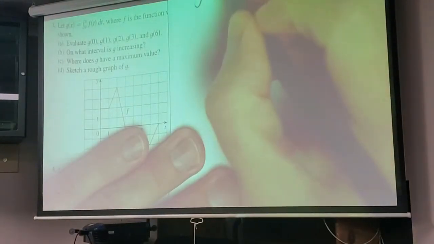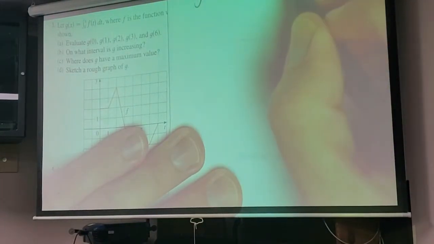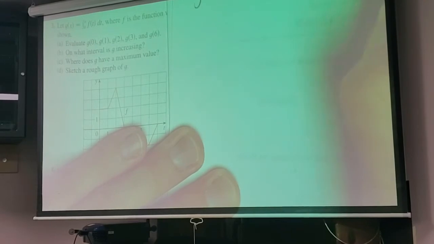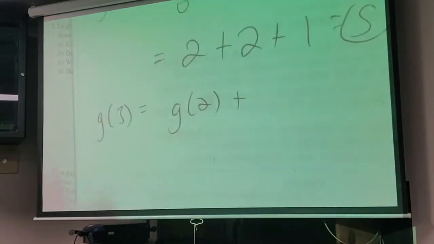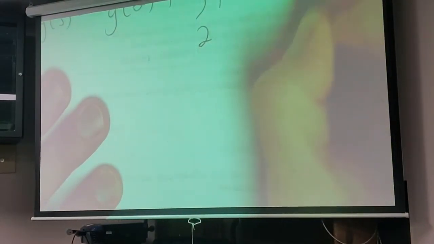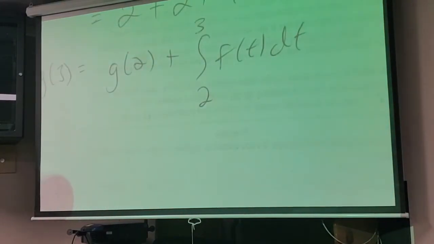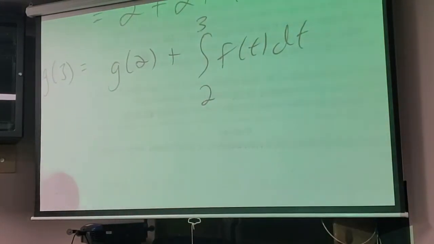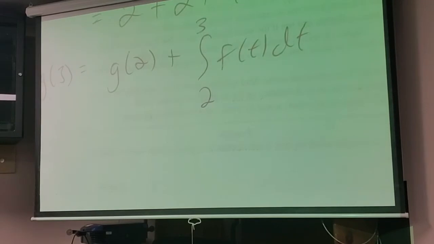Let's see, what's g of 3 going to be? Well, it's going to be g of 2 plus what I pick up after 2. See if you guys are cool with this. So it's the area up to 2 plus the area that I pick up from 2 to 3.